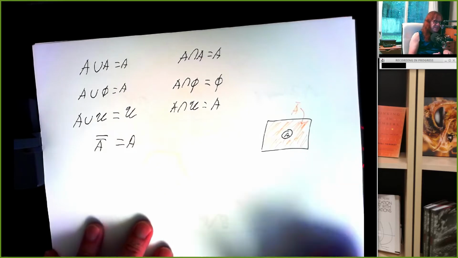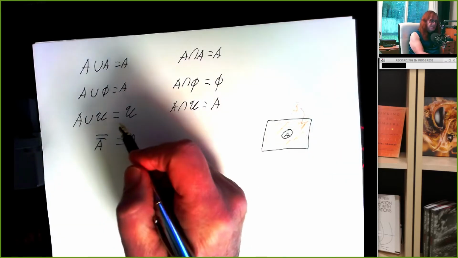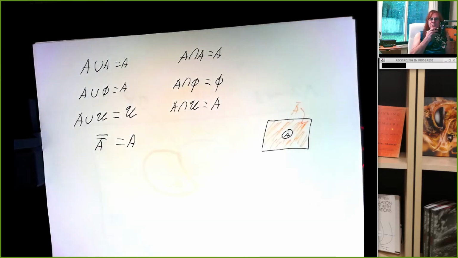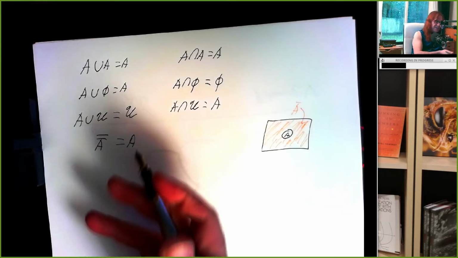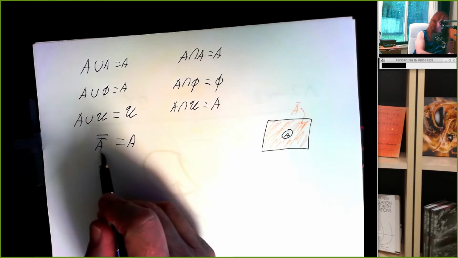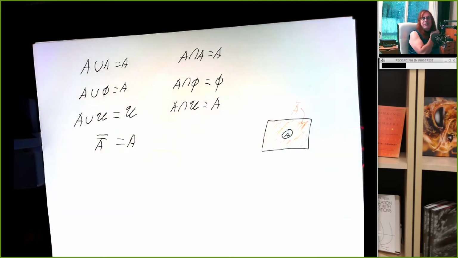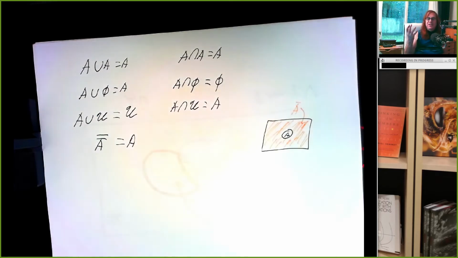And in that sense, the empty set acts like a 0, and the universe acts like a 1 in Boolean logic. And so not not A was the same as A. Well, that's what this looks like. And in fact, the bar on top of a set looks exactly like the way we write negations in Boolean algebra.